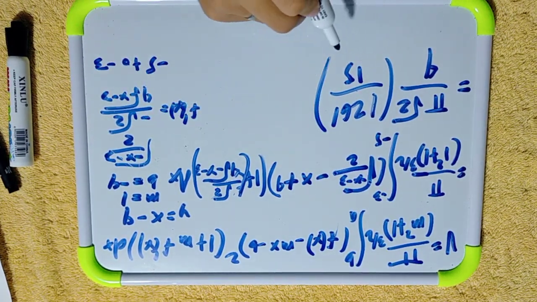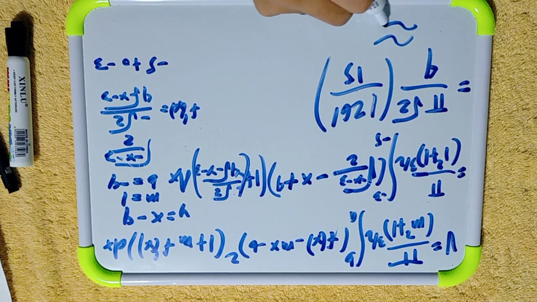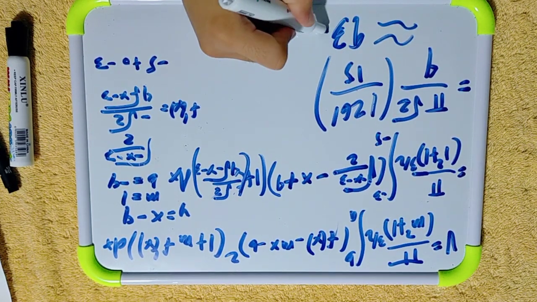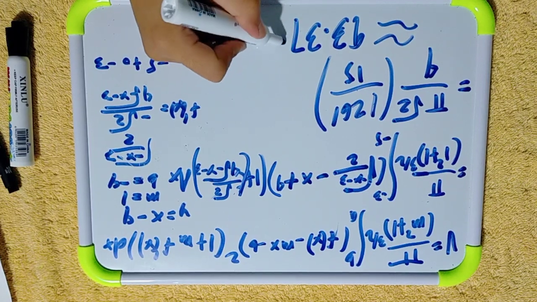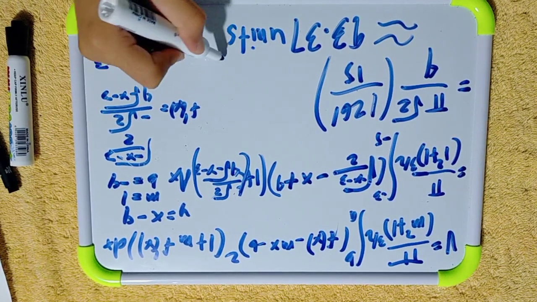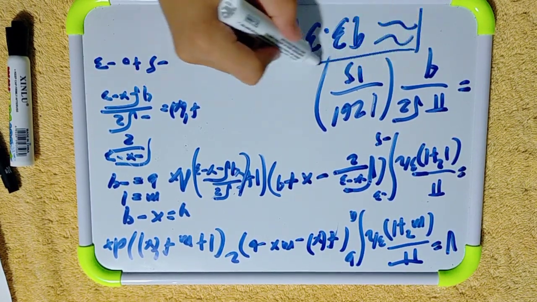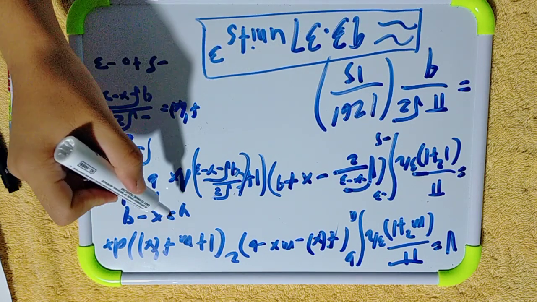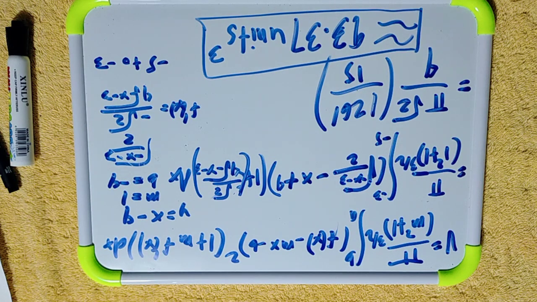Kapag minultiply natin yan, ang approximate value niya is 93.37 units cube. Ito na yung volume kapag nirotate natin yung bounded area sa y is equal to x minus 4.